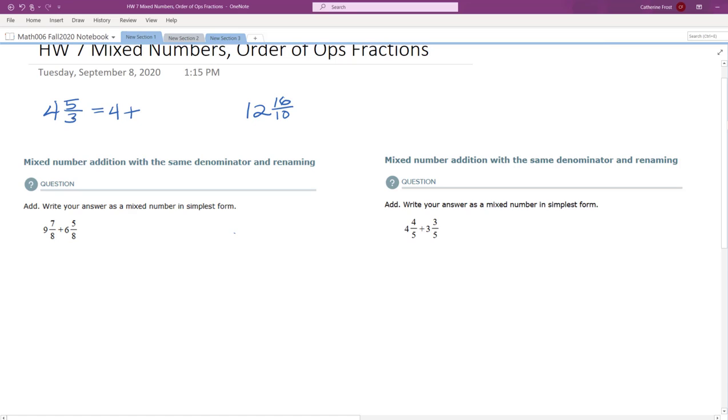And if you think about converting 5/3 to a mixed number, 3 goes into 5 once with 2 left over. So 5/3 is the same as 1 and 2/3. So now we're going to regroup the 1 into the 4 and add it to 4 basically. So this is actually 5 and 2/3.